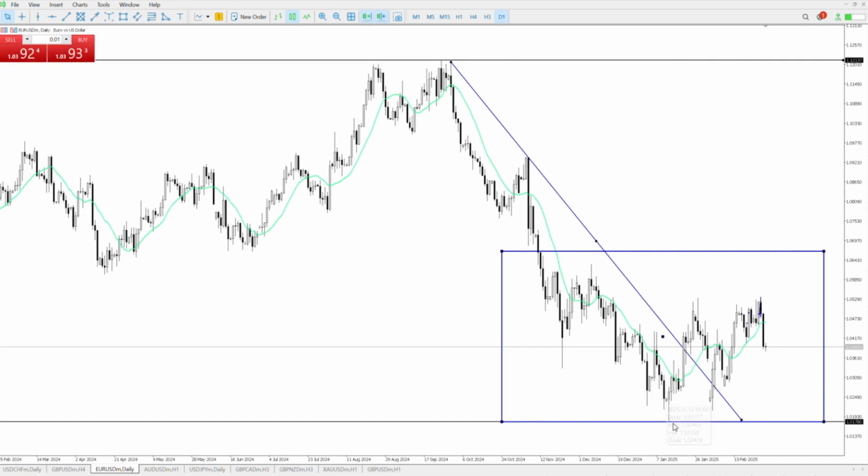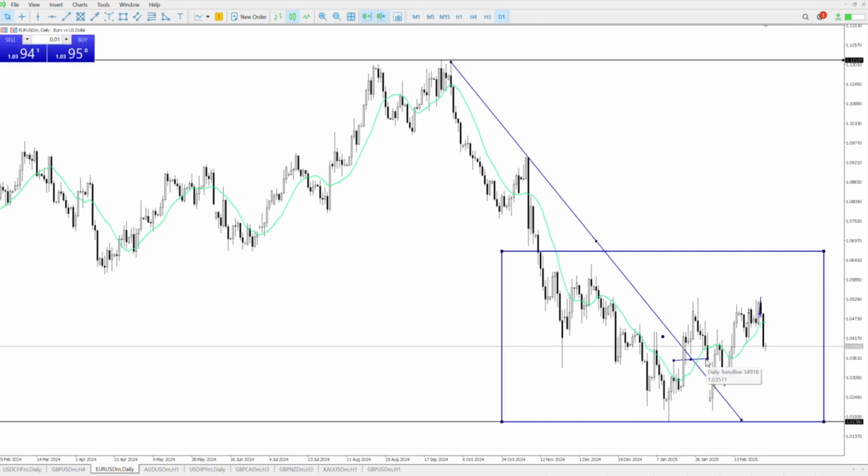And before this breakout happens, price has actually been forming swing highs and swing lows. So I will first of all identify the highs and lows. This is the lowest point that price got to before it bounced back, and coming here to form a lower high at this point.